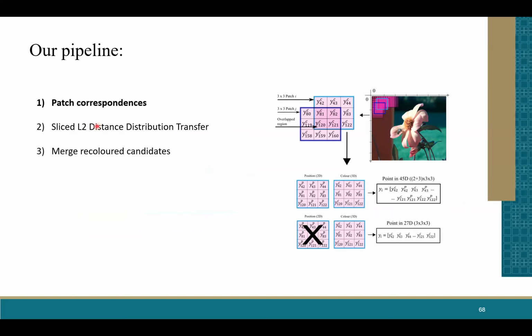Our pipeline is the same. We extract patch correspondences using the SIFT Flow algorithm, since we can use the correspondences directly.